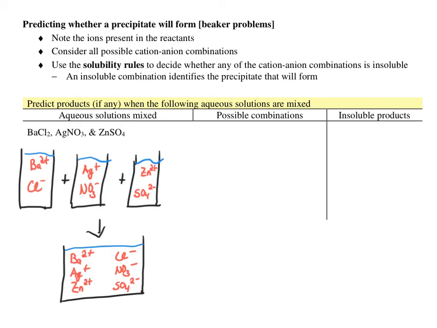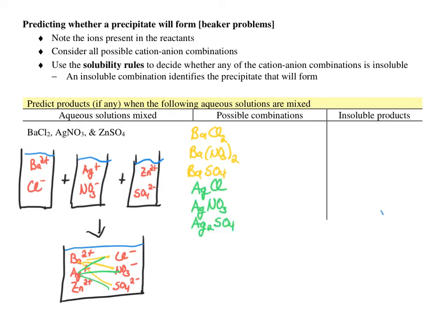So we're going to consider barium with chloride, barium with nitrate, and barium with sulfate. Next, we can consider silver with chloride, silver with nitrate, and silver with sulfate. And finally, zinc with all the different anions.